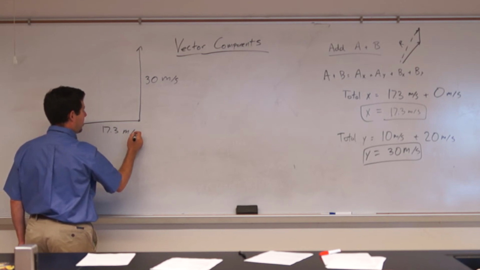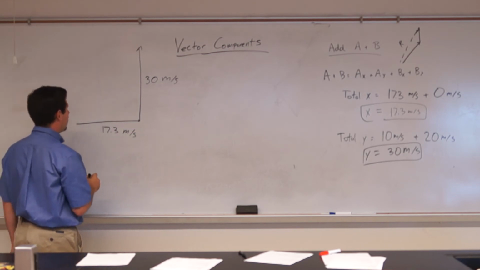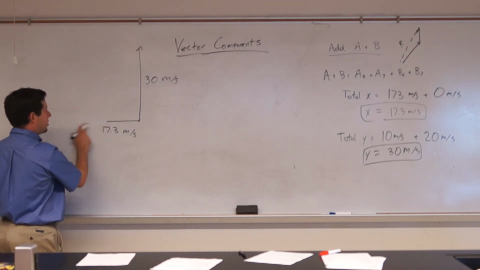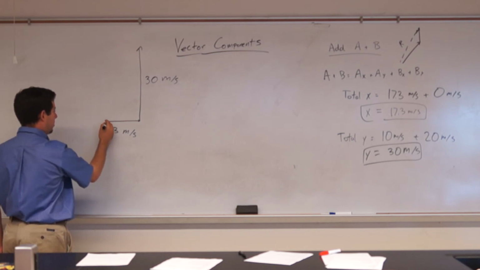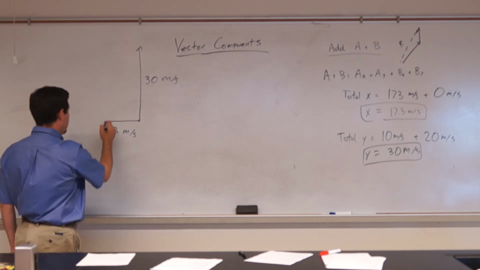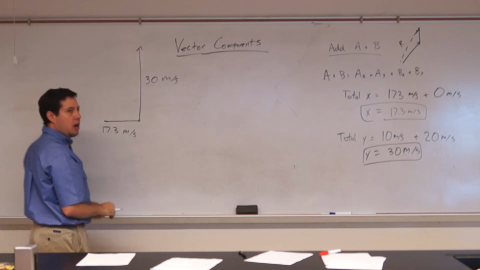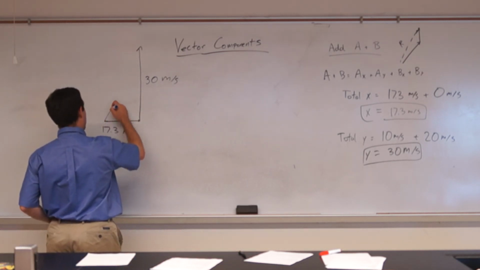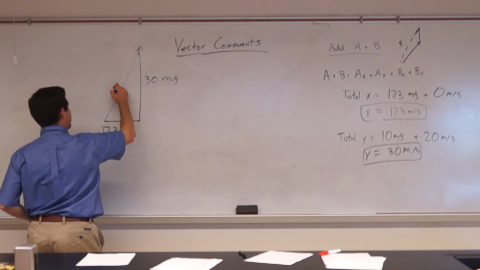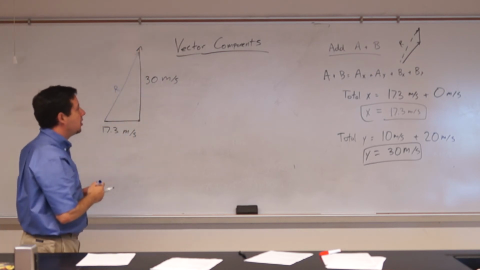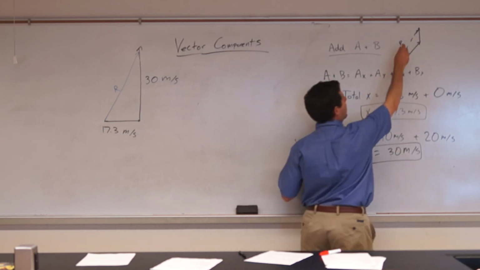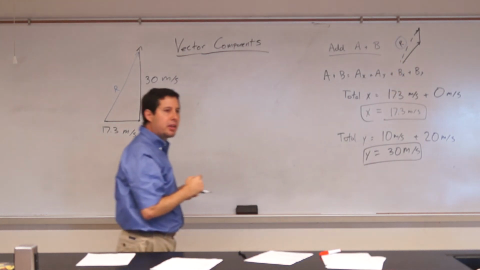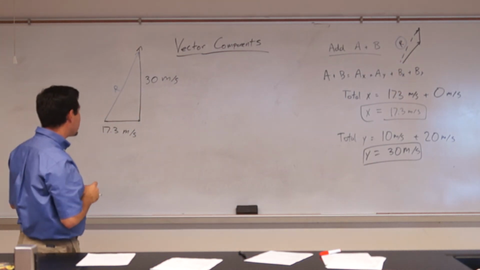If I'm going to draw this to scale, that needs to be a little shorter. So that's the starting point. Our resultant is going to look something like that. And this resultant here should be the exact same as this resultant here if you did it graphically. So now we're doing it mathematically.